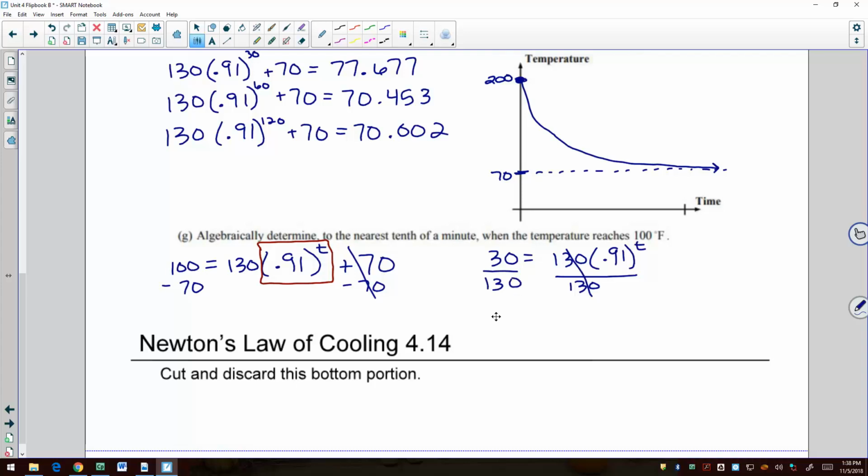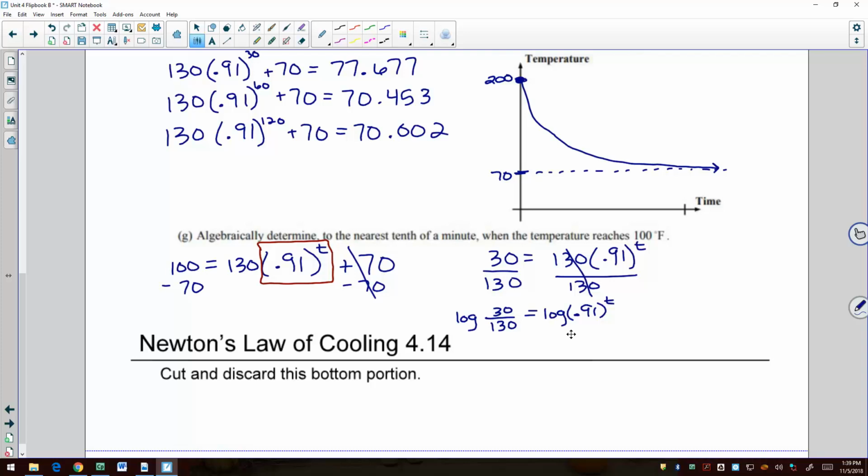Again, I'm going to leave it as 30 over 130. So I will rewrite this, 30 over 130 equals, and I'm going to leave a space here so I don't have to rewrite this again, 0.91 to the T. Now I left a space because I'm going to log both sides to get the T to drop down.